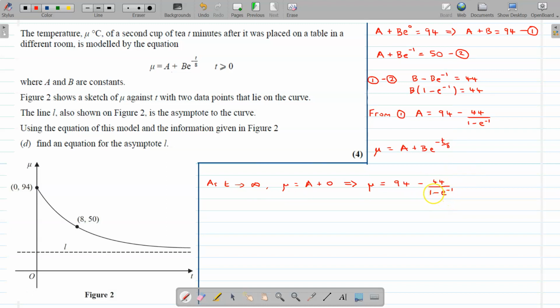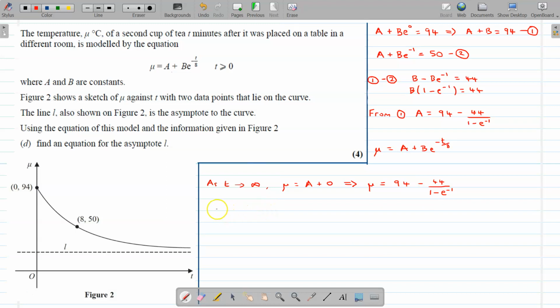Now what I've got to do is find an equation for the asymptote L. Well, I've kind of done it already just by writing that down. I can tidy that up a little bit if I put a common denominator of 1 minus e to the minus 1.